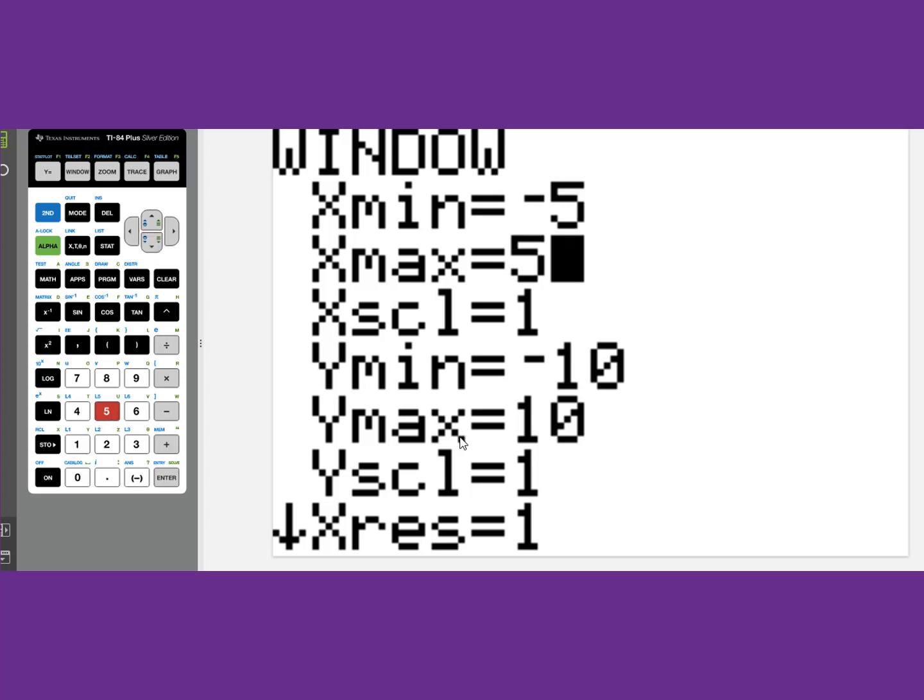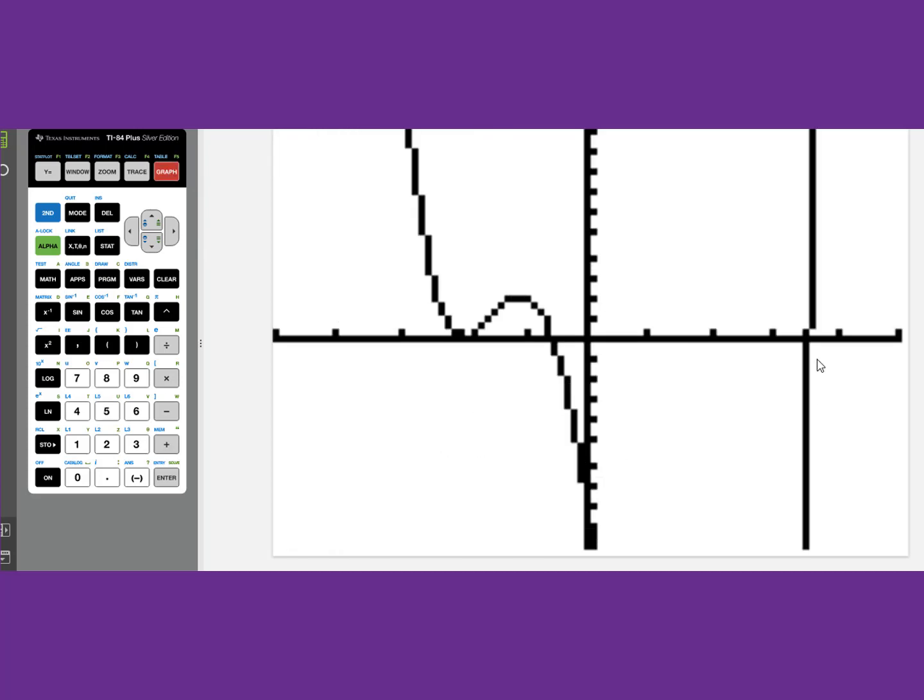For y, I don't care, because I do care about zeros, not minimum or maximum value. Therefore, this time I could see zeros very clearly. Remember, we need to figure out rational solutions. That means those values must be fractions or integers.